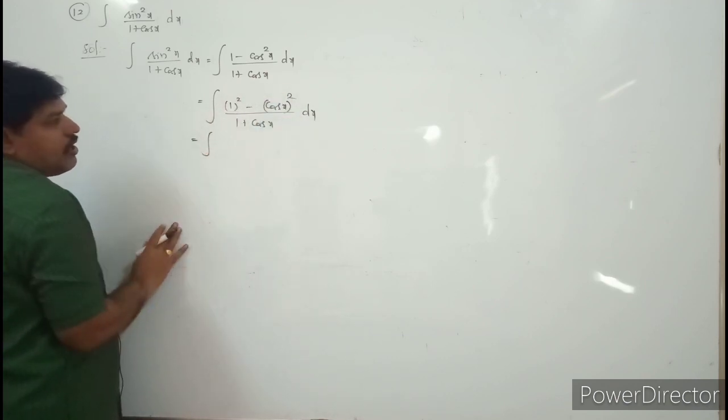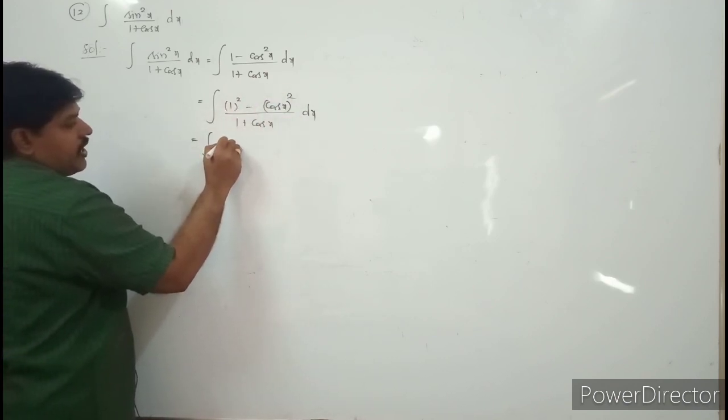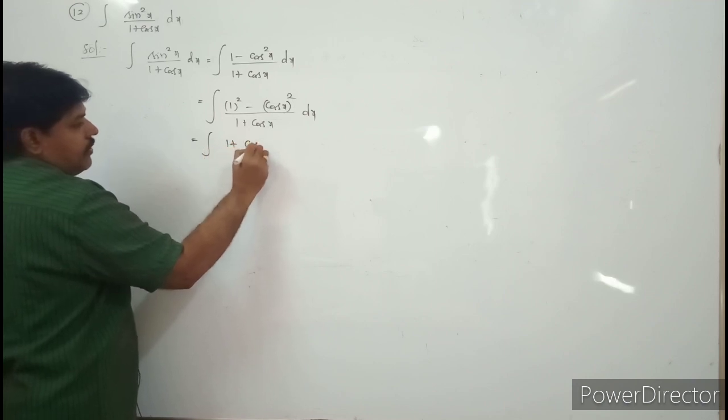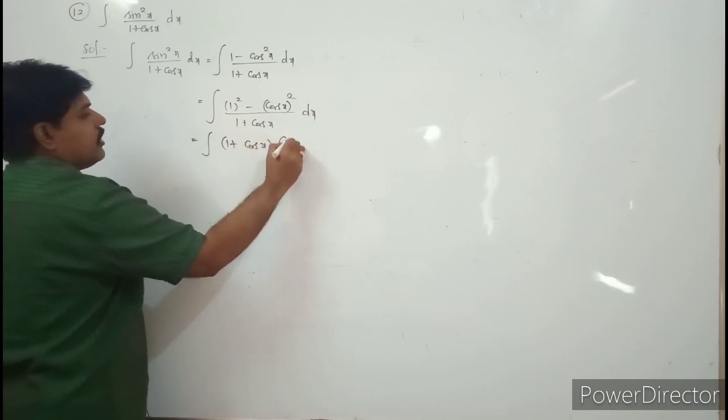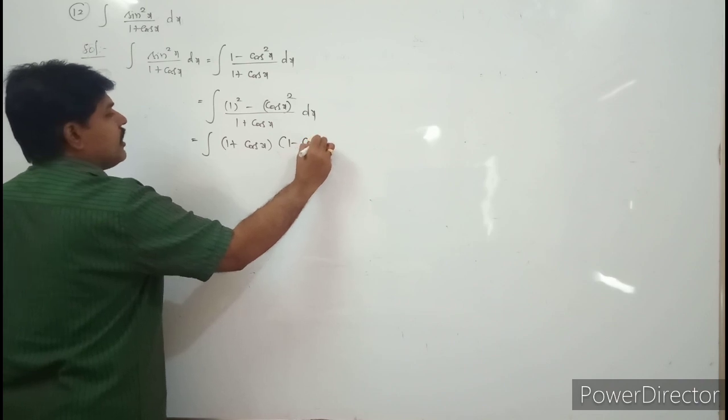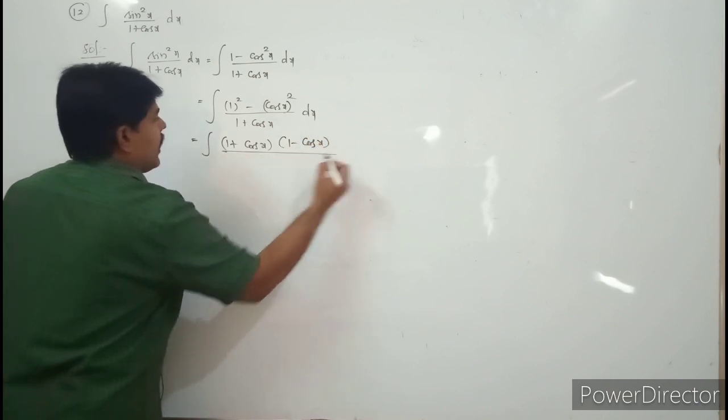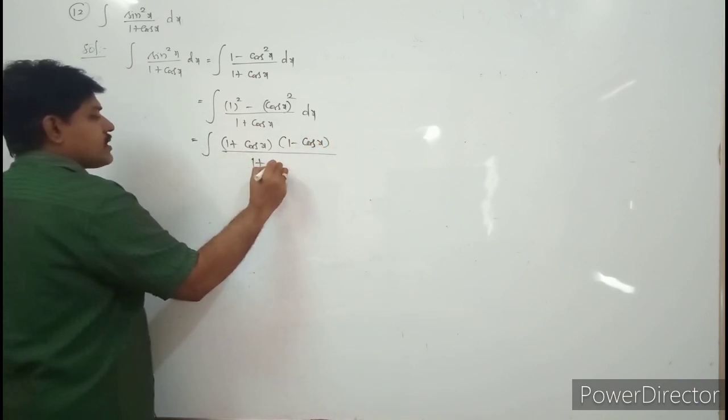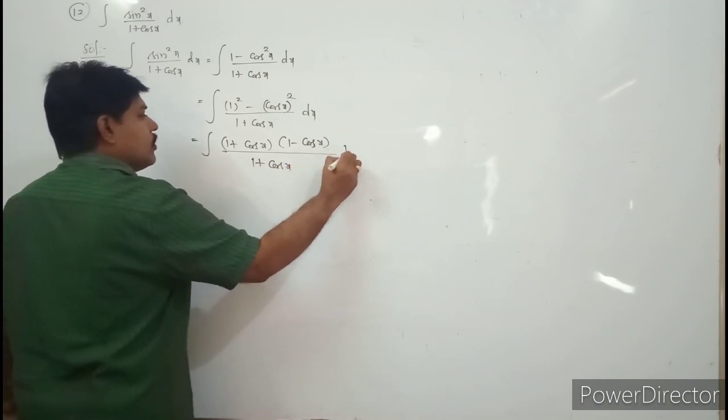So that is equal to the integral of a square minus b square, which you can write as (a plus b) into (a minus b), by (1 plus cos x) dx.